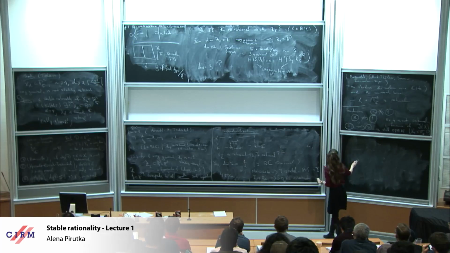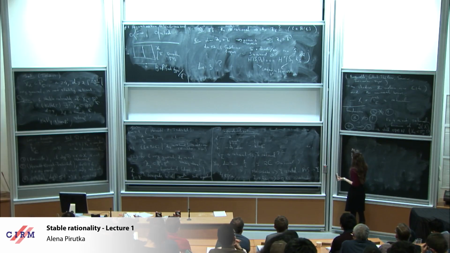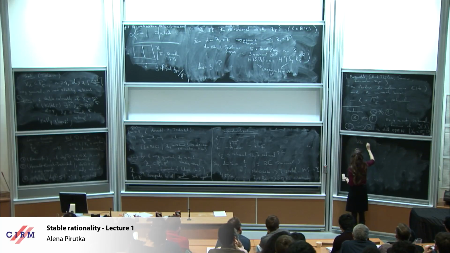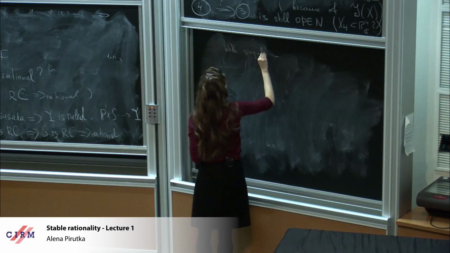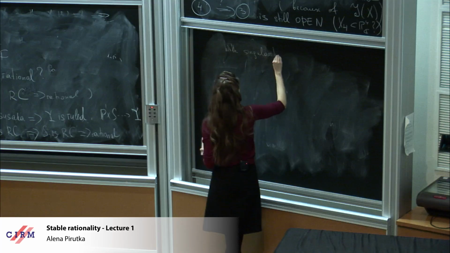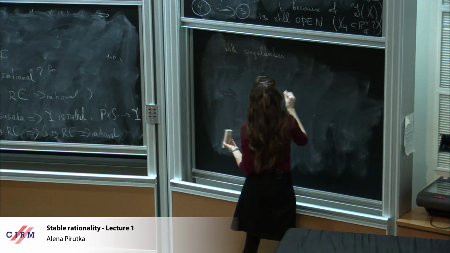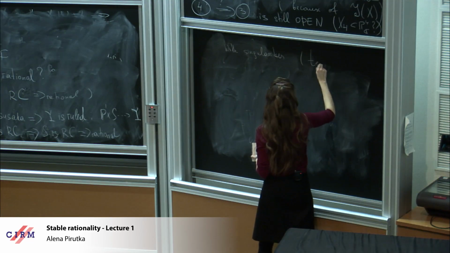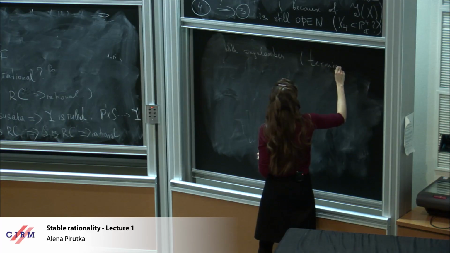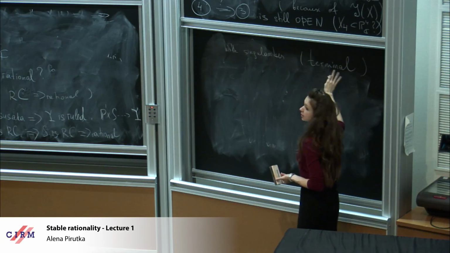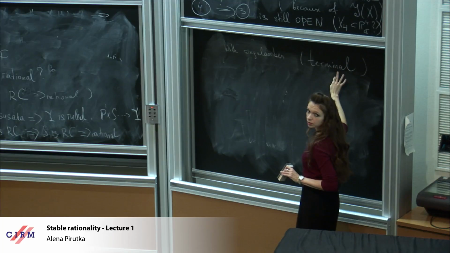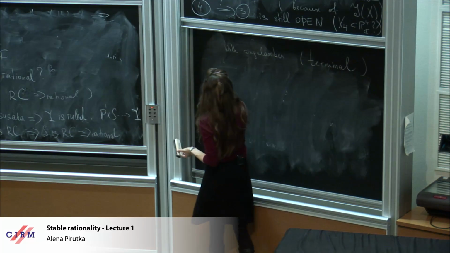But even more precisely, with singularities, one can assume that the singularities are terminal. From what I understood, these are the smallest singularities in the minimal model program. Then there are examples.